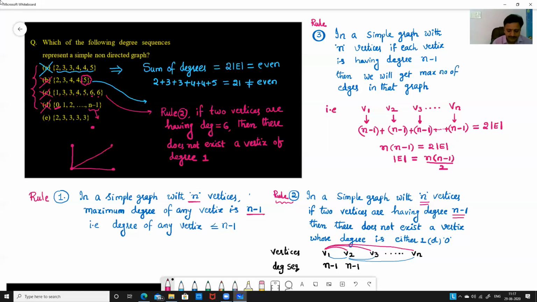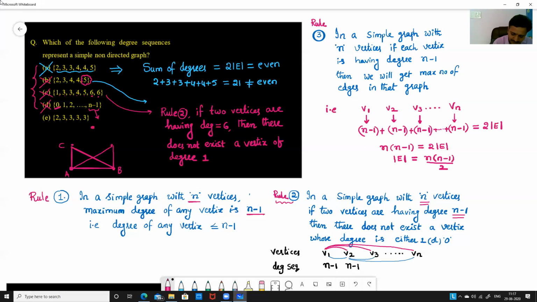Suppose let it be A. A is having degree 3. Then how many vertices must have degree 3? 4 vertices must have degree 3. Now I'm taking B, but B's degree is only 2. I want degree 3. Therefore, I can join these two. Now the degree of B is equal to 3.